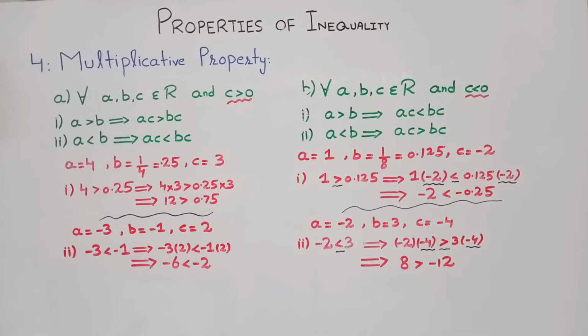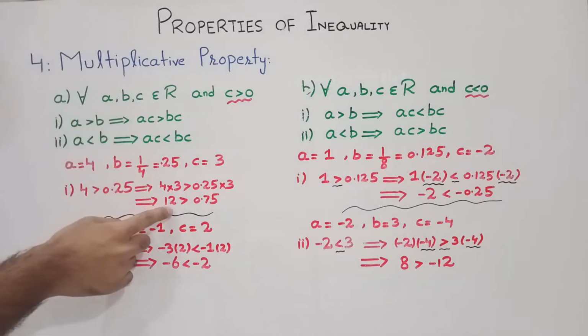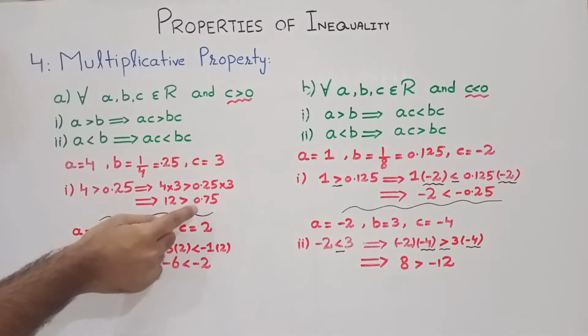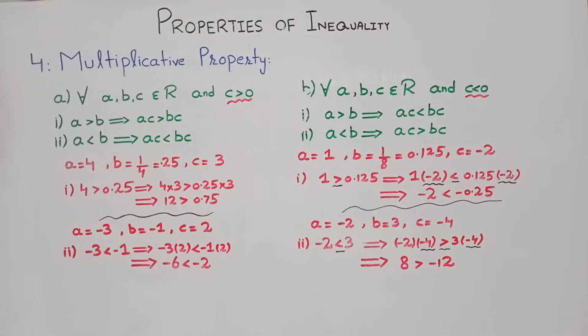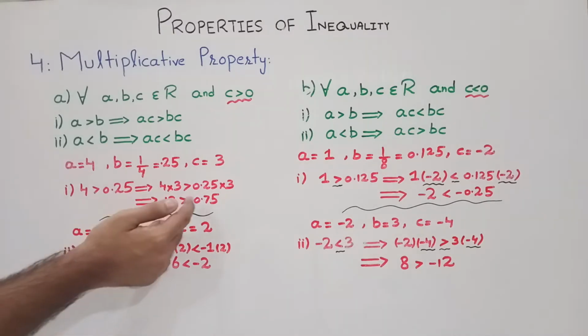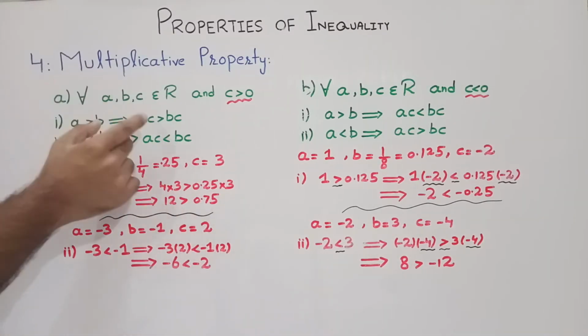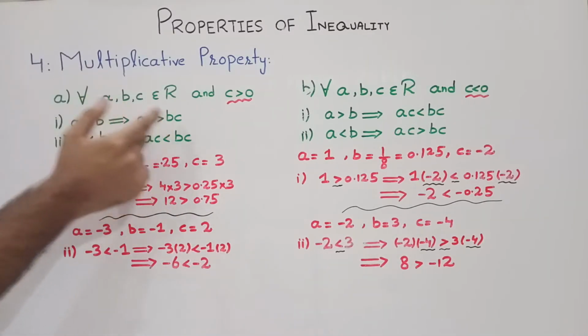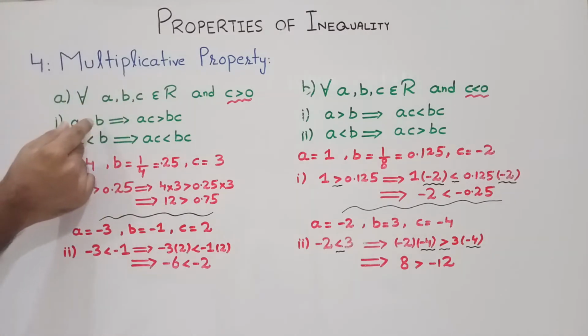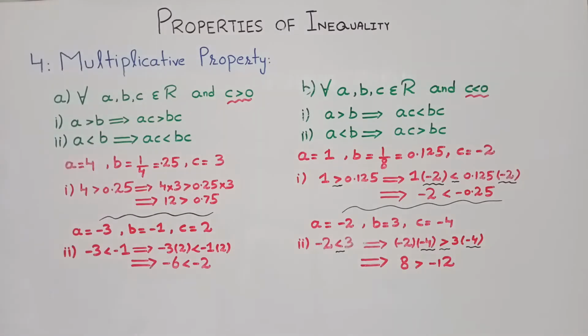As a result of multiplication, we get the product of ac 12 and the product of bc 0.75, and we know 12 is greater than 0.75. So this means that this condition is true. If we multiply both sides of an inequality with a common positive number, then the inequality does not change its direction.